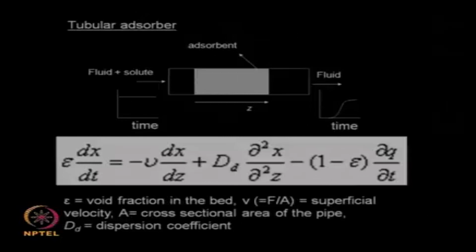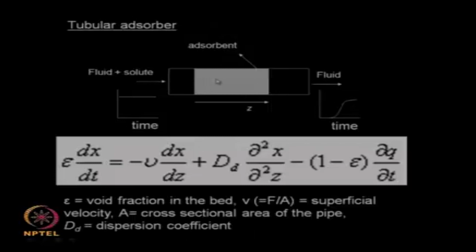Let us further look at another problem. In the tubular adsorber, some time back we talked about a slightly more accurate approach to calculate the concentration both as a function of the distance z, or as a function of time.